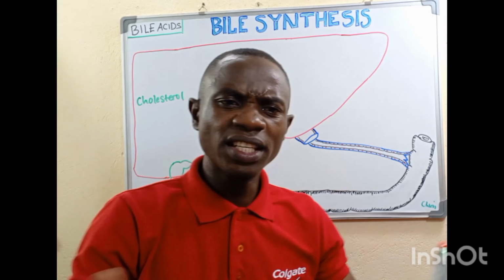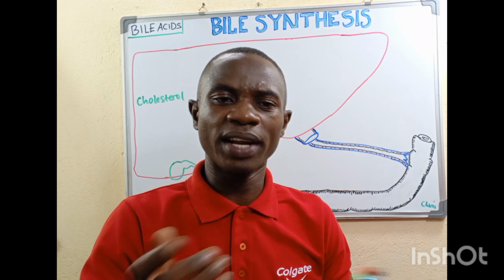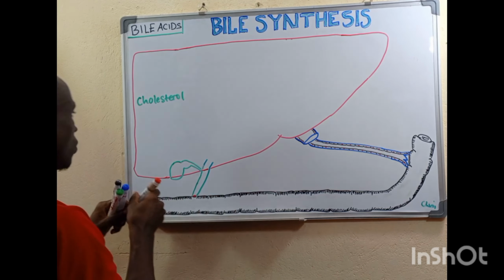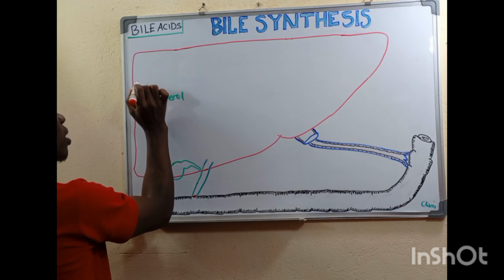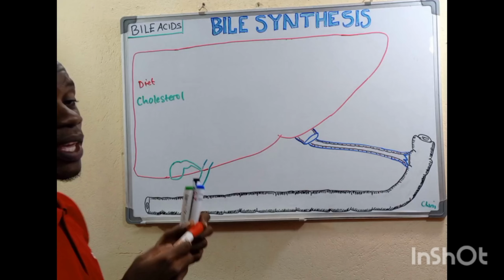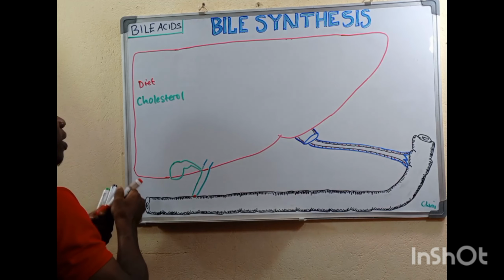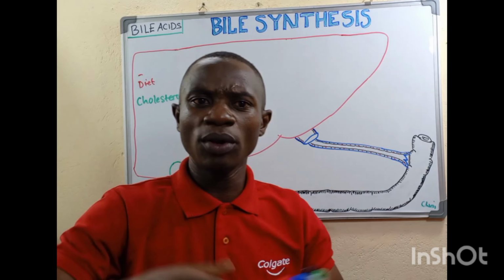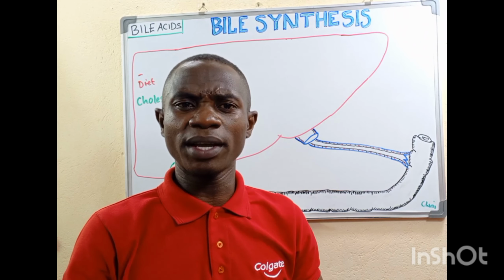So now, what is going to be the source of cholesterol in our bodies? We can get cholesterol from diet, that is the foods we eat. Or we can also get cholesterol endogenously, because the body also can make cholesterol, like the liver can make cholesterol.